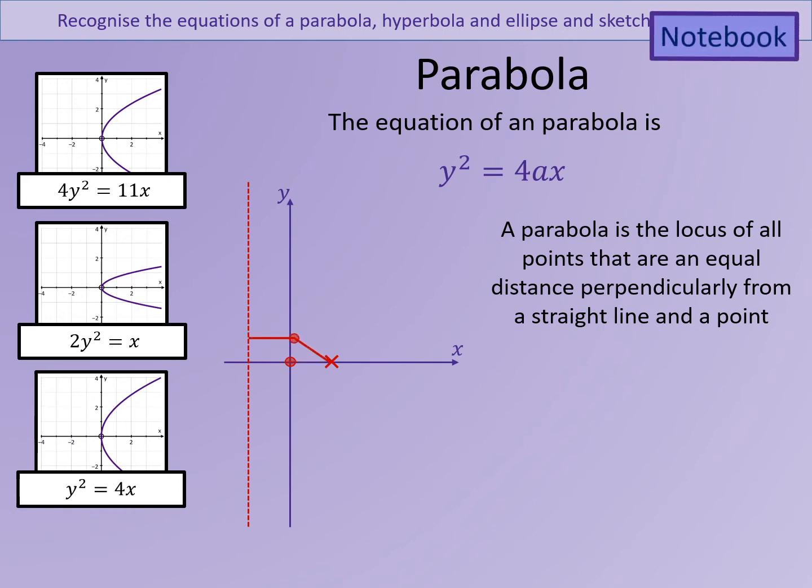So for example, this point here satisfies that, as does this point here, as does this point here. So we can see as we keep drawing horizontal lines across from the vertical line we've chosen, we can also continue this in the negative y direction.